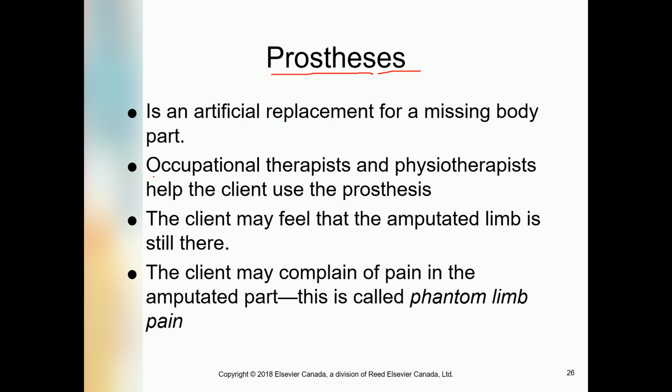Occupational therapists and physiotherapists are the main professionals working with prostheses. They are called OT and PT. They help the client learn how to use the artificial leg when their leg is cut. The client may feel that the amputated limb is still there.